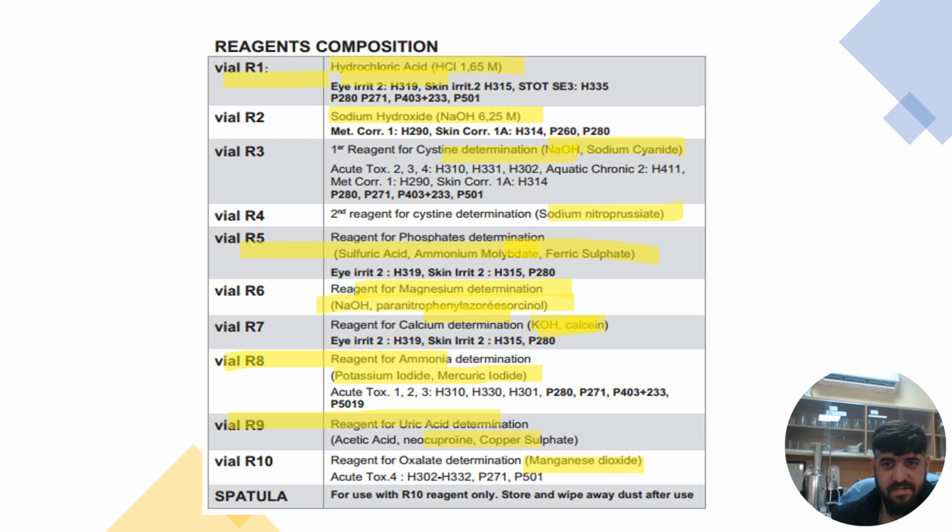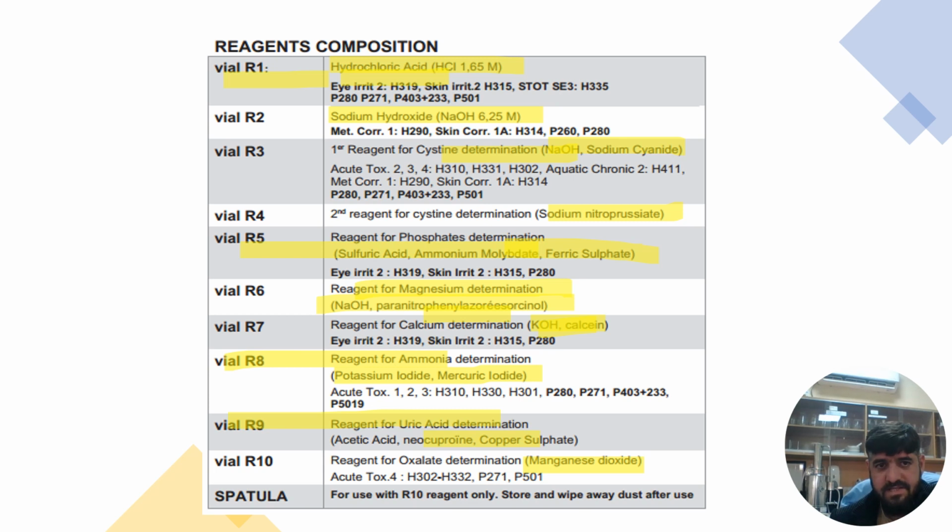These are the reagents and their composition which are used for renal stone analysis. R1 contains hydrochloric acid, R2 contains sodium hydroxide, R3 sodium cyanide and sodium hydroxide. R4 contains sodium nitroprusside, R5 contains sulfuric acid, ammonium molybdate and ferric sulfate.